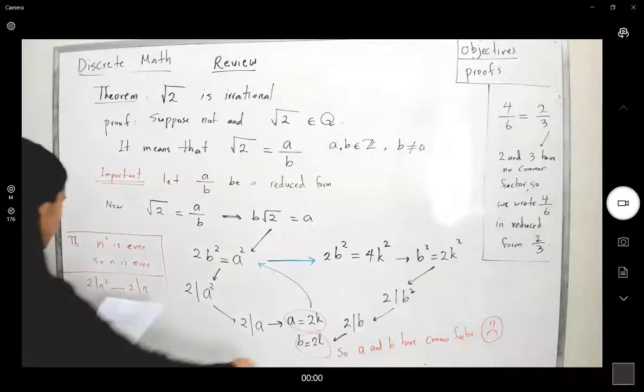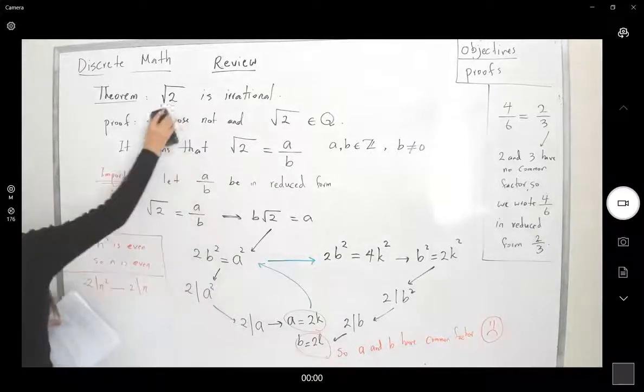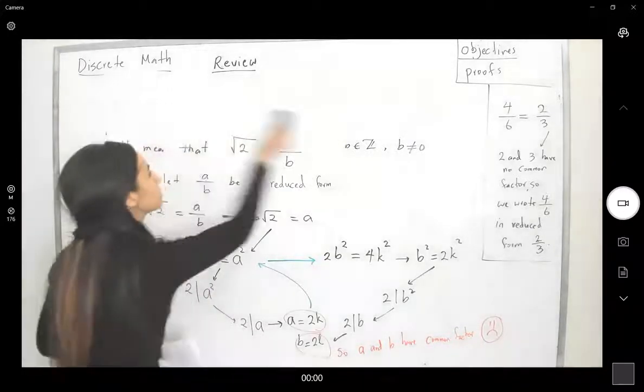Okay, perfect. A proposition for you. These are useful propositions.